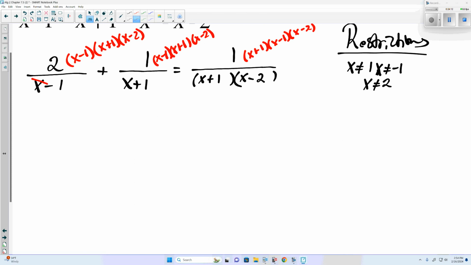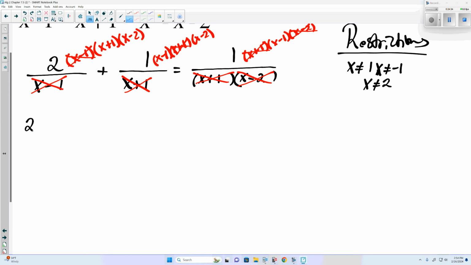In the first one, the farthest to the left, x minus 1 and x minus 1 would cancel. In the middle, x plus 1 would cancel. And in the last one, our x plus 1, x minus 2 would cancel.